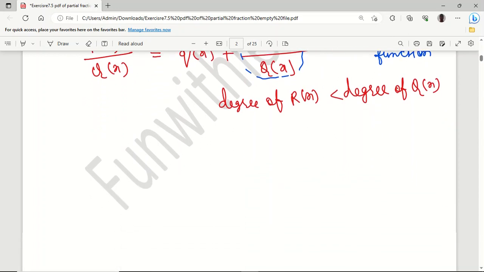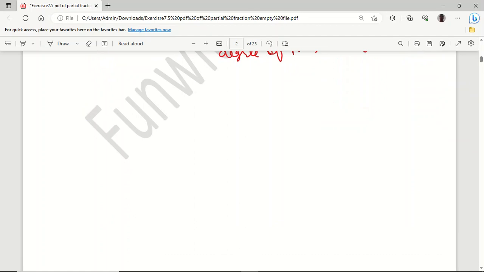Now we'll learn how to solve integrands containing a proper rational function. There are certain forms through which we solve such integrands. So I'm writing here the form, and I will keep on explaining those types. On the left side I'm writing such forms, and on the right side I will write the partial fractions.